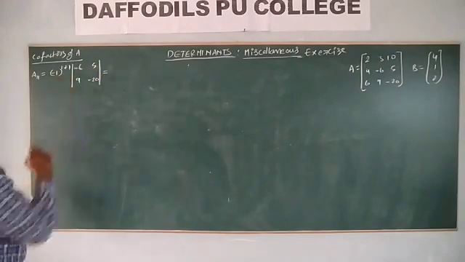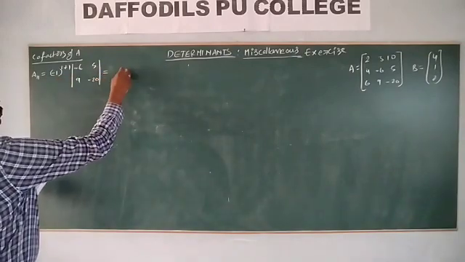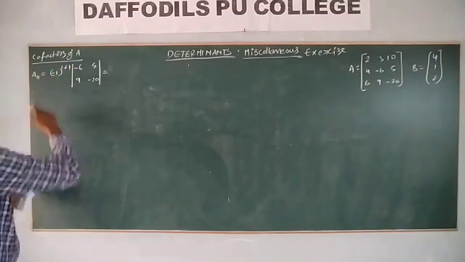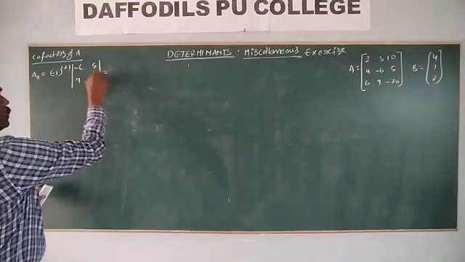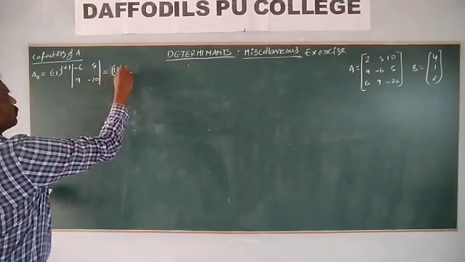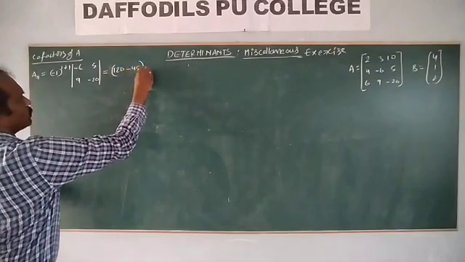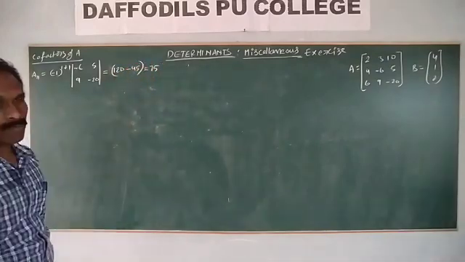This value is minus 1 to the power of 1 plus 1, an even number, so plus, 120 minus 45. This is equal to 75.